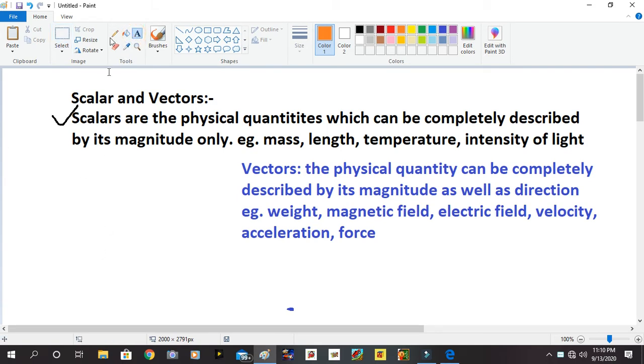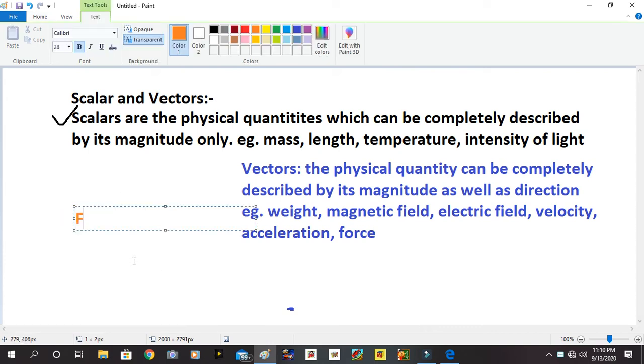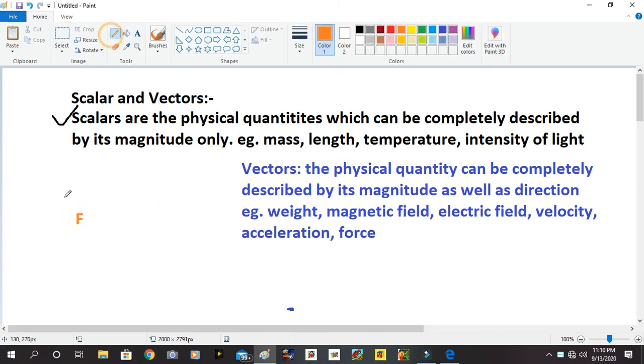Okay, so how is a vector represented? Suppose I want to represent force, then force is a vector quantity and shall be written by showing F with an arrow on its head. So this type of representation of a quantity is called a vector. Here I would say a certain magnitude of force is applied in a certain direction.